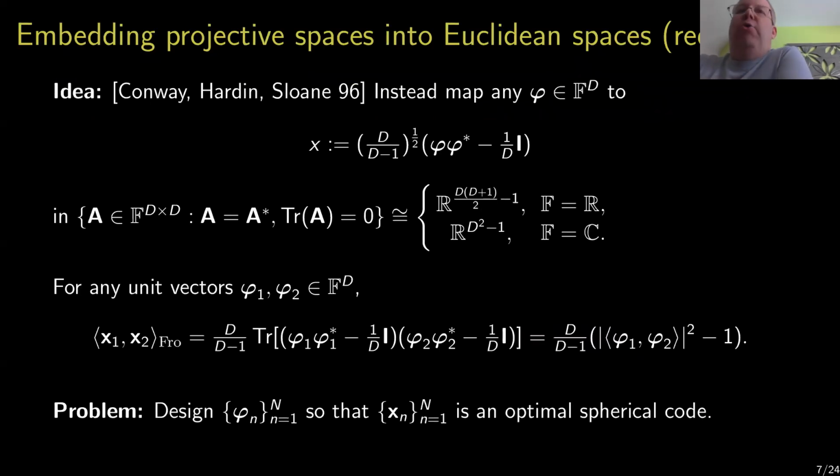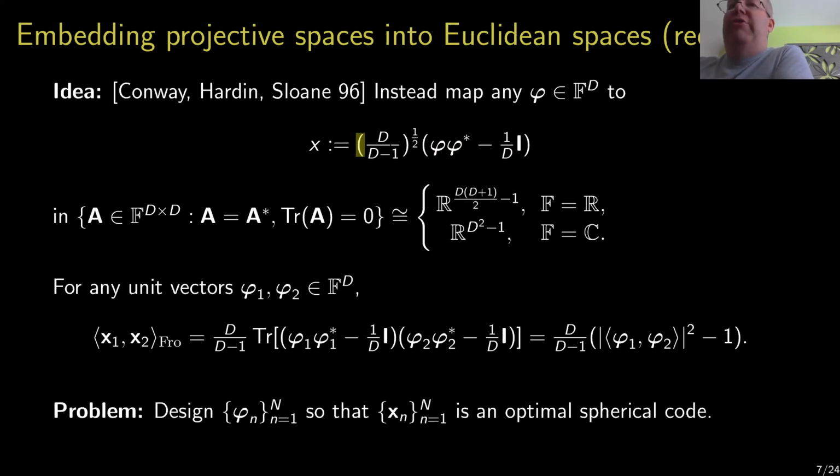Okay, so Conway, Hardin, and Sloane have a very nice and important nuance on this. Instead of just trying to map a vector phi to its outer product with itself, we take the projection of that onto the orthogonal complement of the identity matrix. In other words, we make the operator traceless. We make it have trace 0.